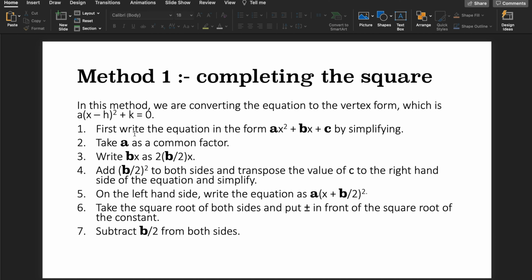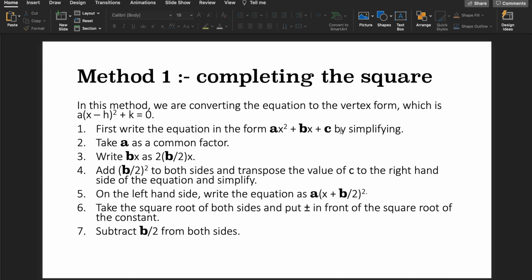First, simplify the equation as much as possible and write it in the form ax squared plus bx plus c, where a, b, and c are constants and a is not equal to 0. If a was 0, it would just be bx plus c, which is a linear equation.